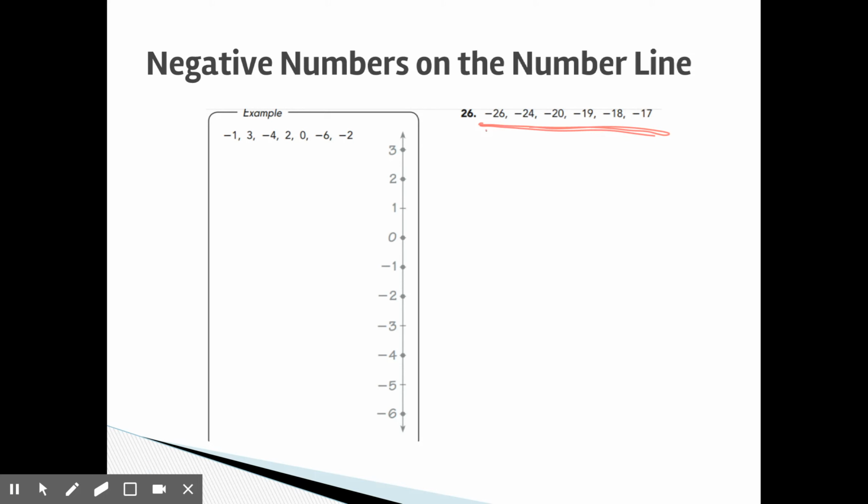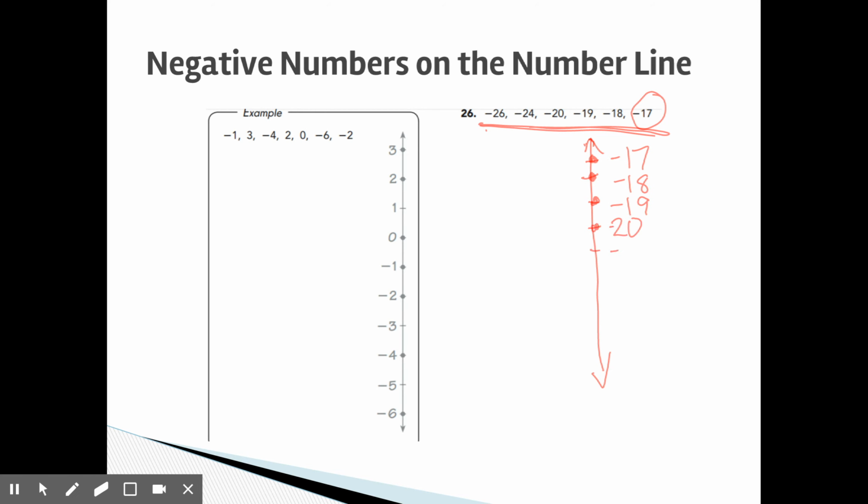My highest value, remember, because we're negative, is actually going to be my negative 17. So that's what I'm going to put at the top of my vertical number line. Negative 17, it's represented. I'm going to go to negative 18. That's also asked for. Negative 19, negative 20.